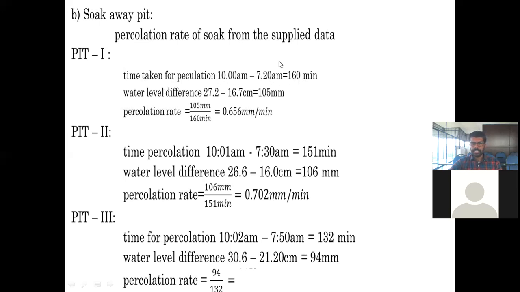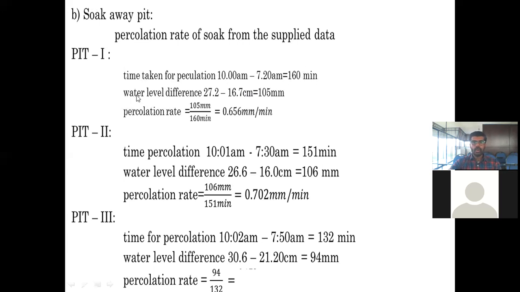So 10 a.m. minus 7:20 a.m. is 2 hours 40 minutes. One hour is 60, 2 hours is 120, so 120 plus 40 is equal to 160 minutes.